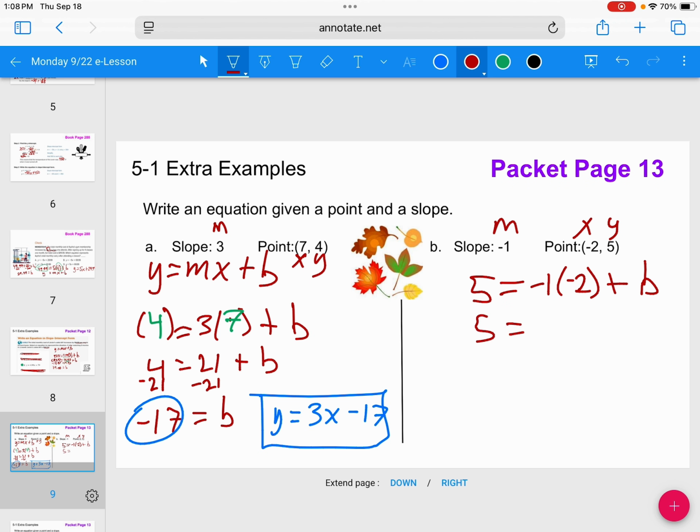So -2 equals 1/3 times 6 plus b, because we don't have b. So when I simplify this, I'll get -2 equals 2 plus b. And when I subtract 2 from both sides, I get -4 equals b.